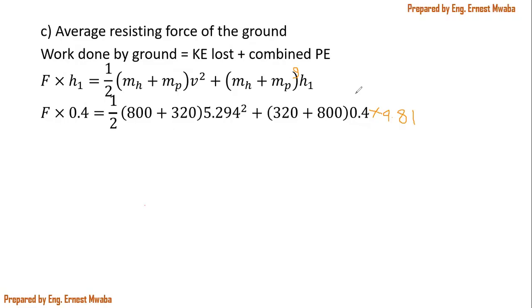We're saying plus 1,120, when you add 320 plus 800, then you multiply that by 0.4. Now this 0.4 is the height, and since it's potential energy, we include 9.81. With that, we get one side, the value that is needed.